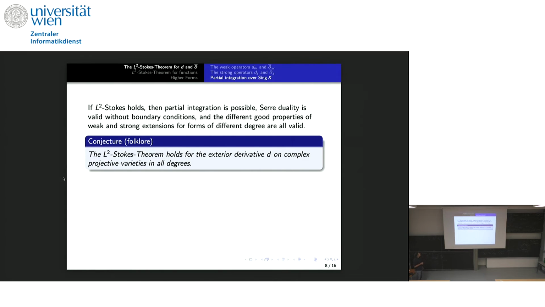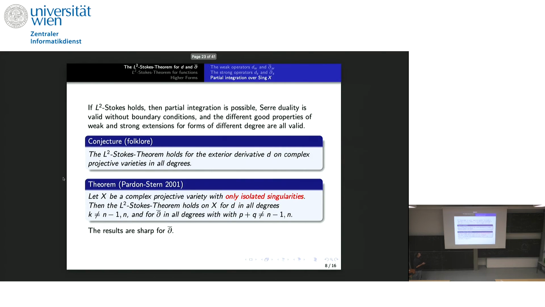It's some kind of folklore conjecture, that it holds for the de Rham operator on complex projective varieties in all degrees, for PQ forms of arbitrary degree, but actually there does not seem to be a proof anywhere. Some people said, okay, it's true, but no references are given at all. At least if we have a projective variety with only isolated singularities, then the L2-Stokes theorem holds for the de Rham operator in degrees not equal to some middle degrees.